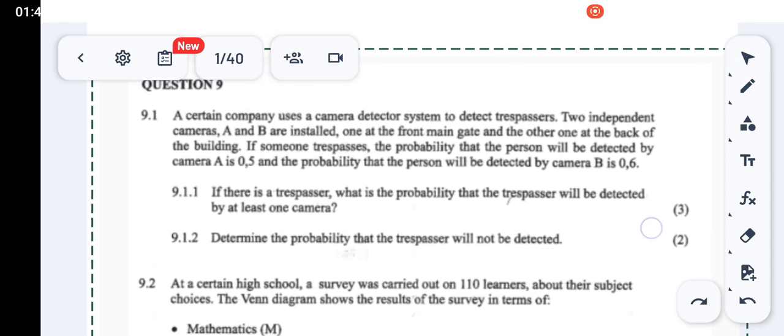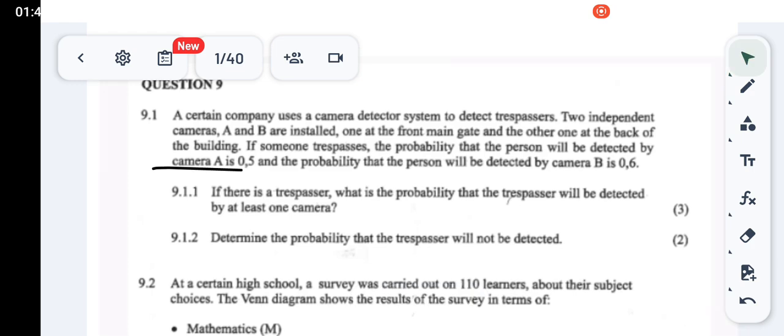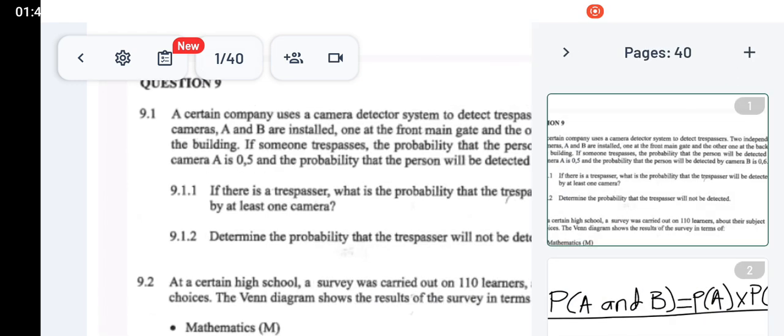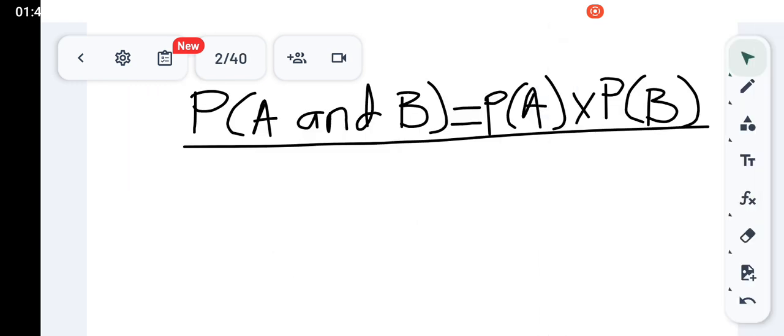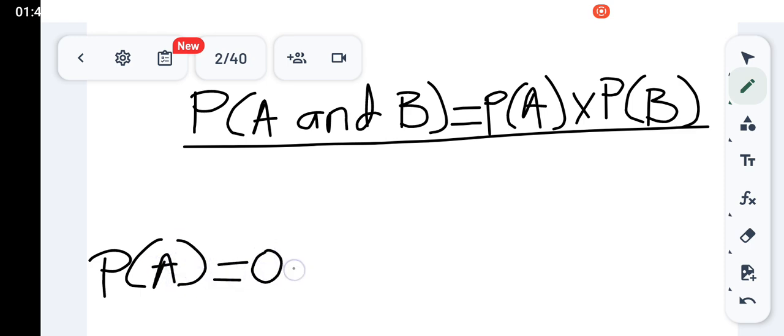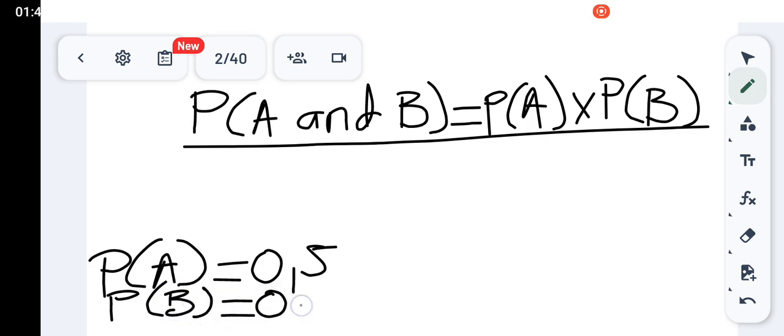Yes. So let's write it down. Probability of A is 0.5, and then probability of B is equal to 0.6.